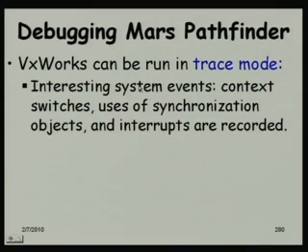Now, once it started resetting itself, one thing that was done is that VxWorks provides a facility to run it in the trace mode. In the trace mode, we will also discuss when we discuss these operating systems, the important system events like when context switches occur, when synchronization primitives are used, when interrupts occur, are recorded.